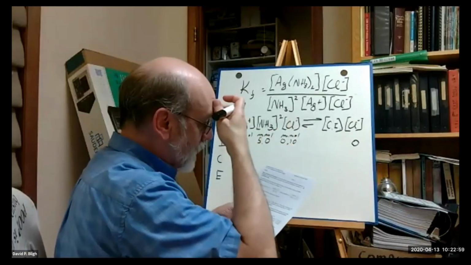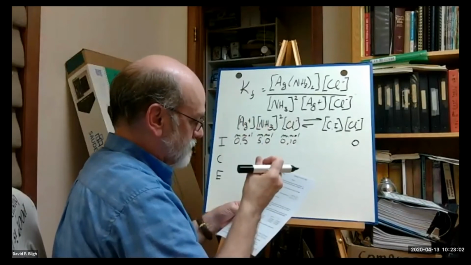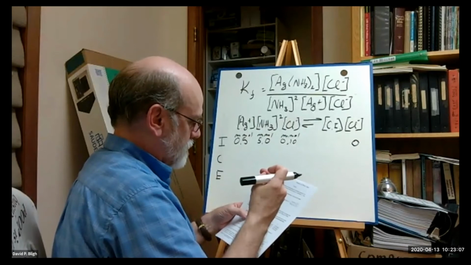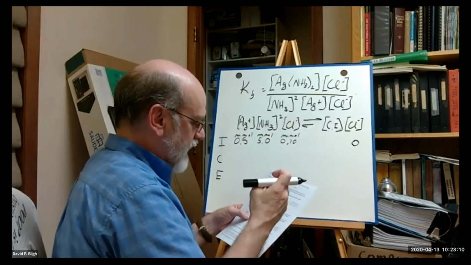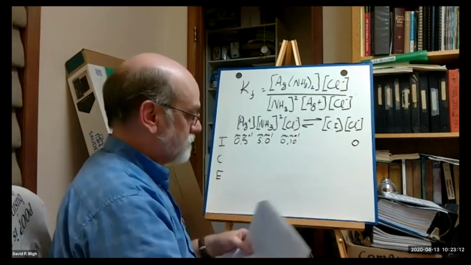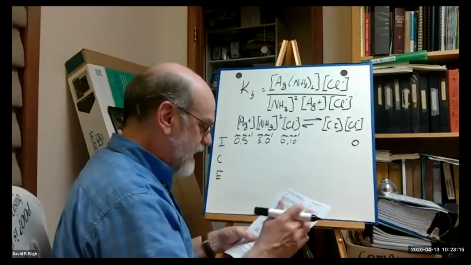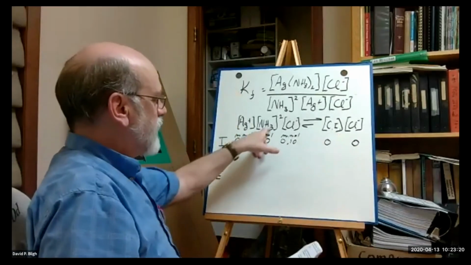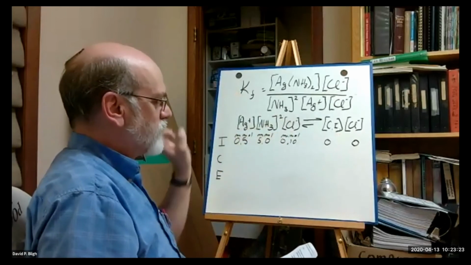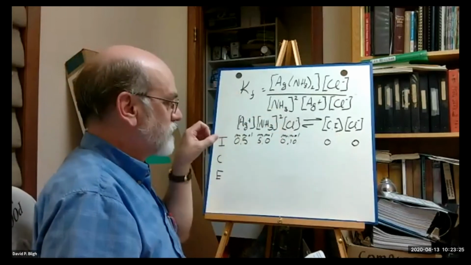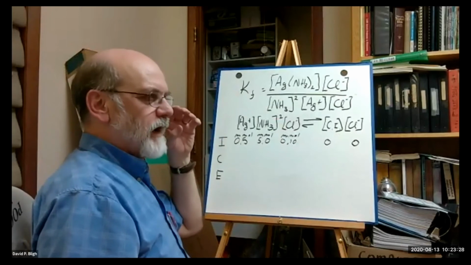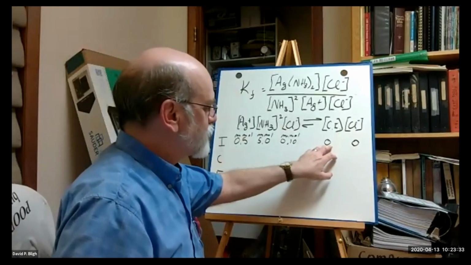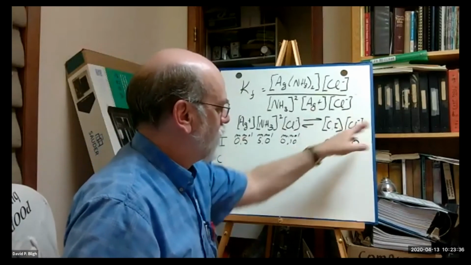The concentration of diamine silver ion in the beginning is 0, right? Because it hasn't reacted yet. We put it in the flask and then we titrated it, but we're saying to ourselves, I'm going to mysteriously keep it from reacting. So we haven't produced any complex ion or chloride on that side.